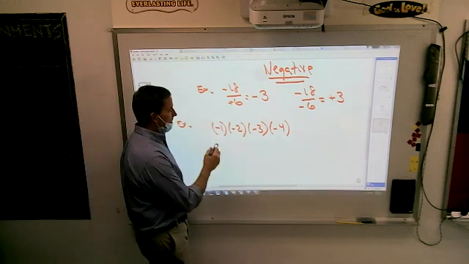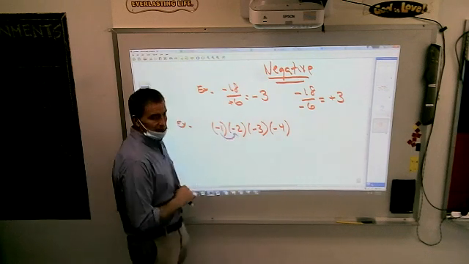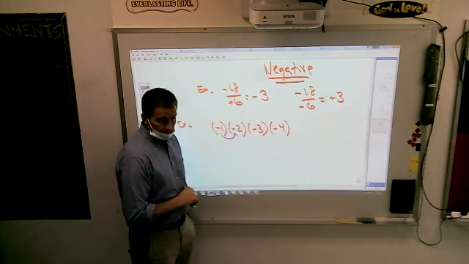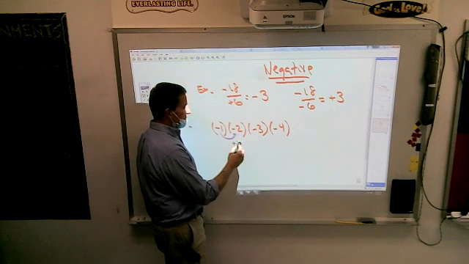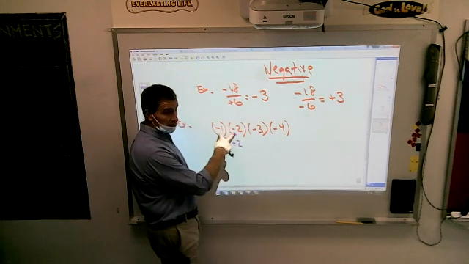For example, negative 1 times negative 2, Sam, is a? Positive 2, he says with authority. It is positive 2 because there are two negatives. They're both the same sign.